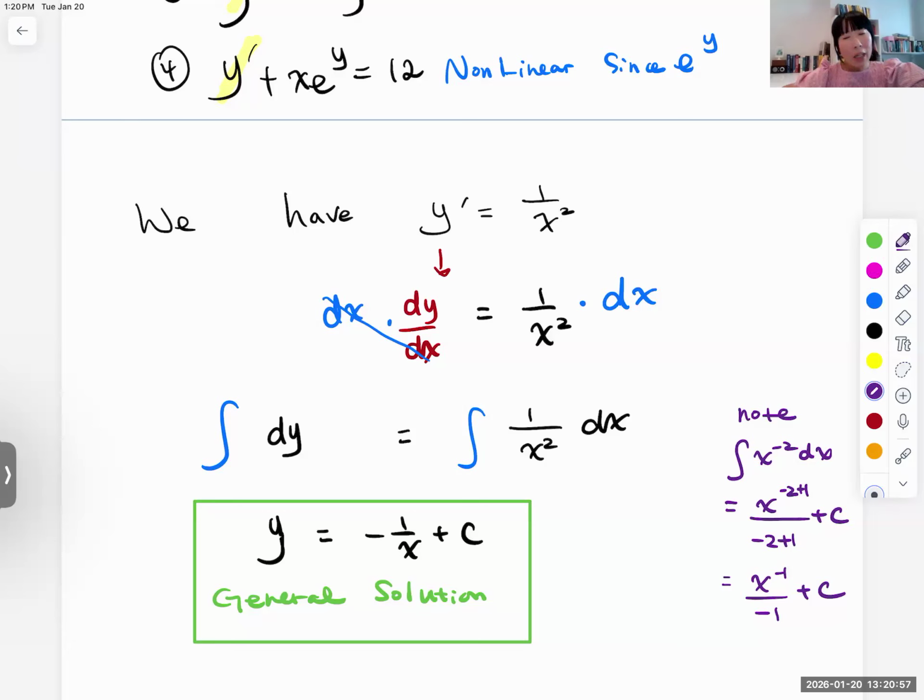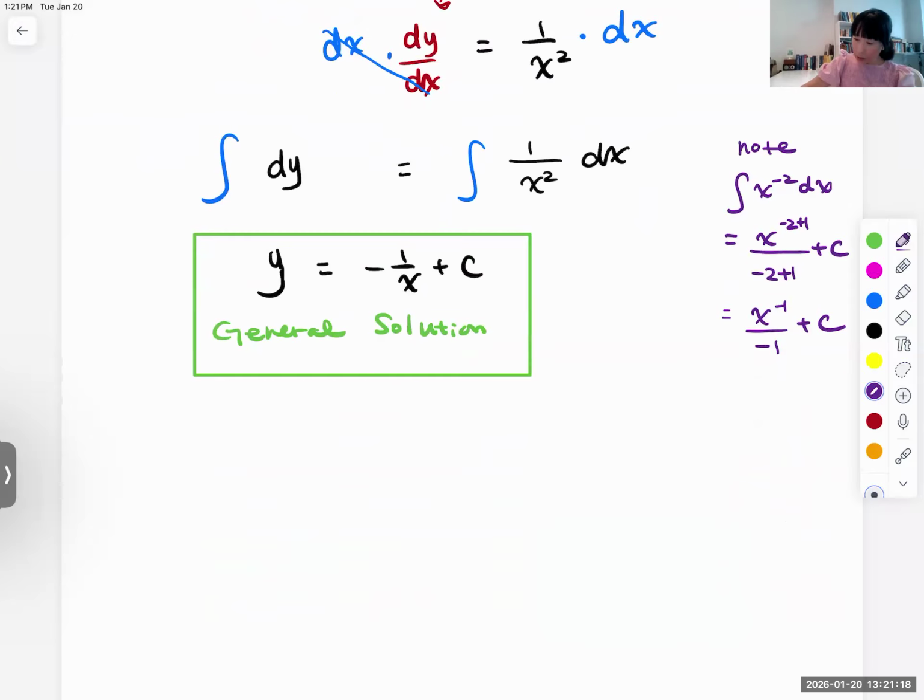So y equal to negative 1 over x plus c is the general solution of the differential equation y prime equal to 1 over x squared, right? Okay, now what if we have an initial condition, an initial value?